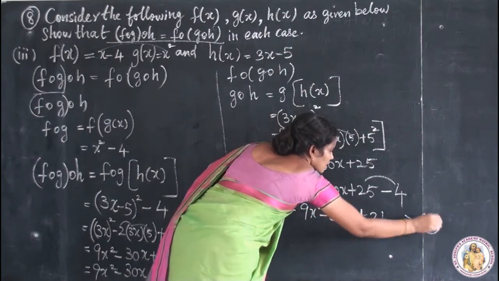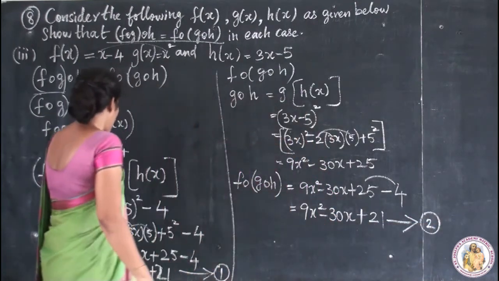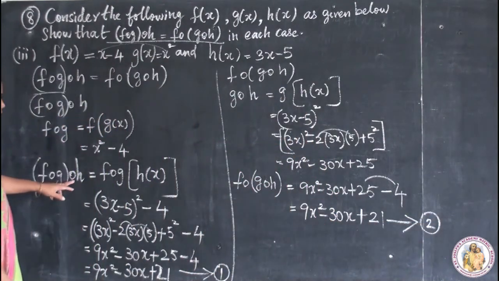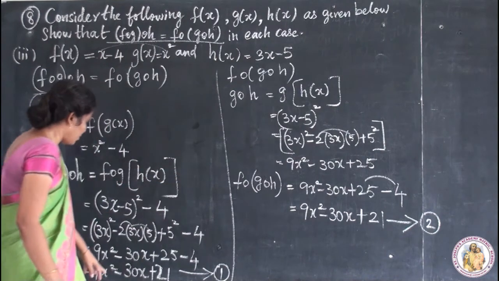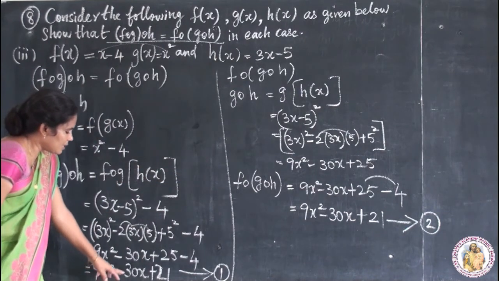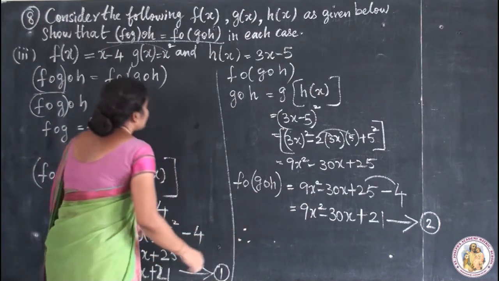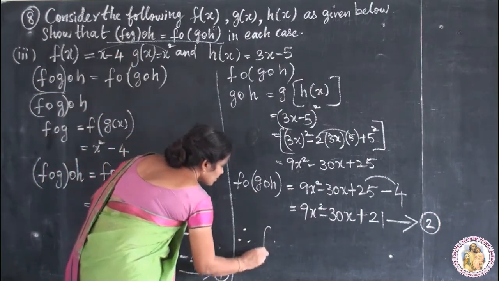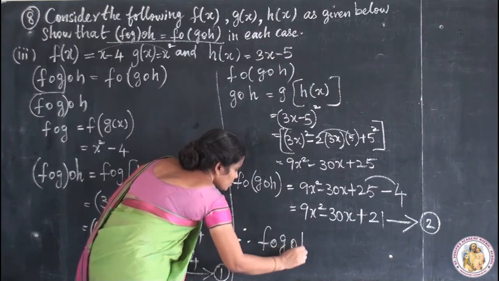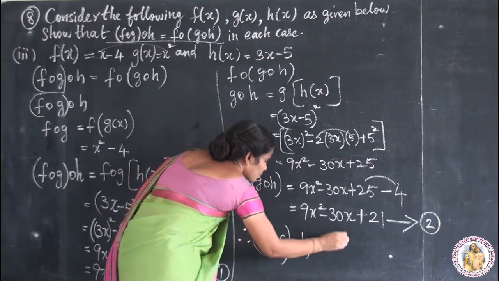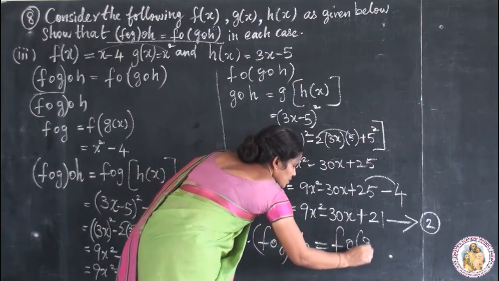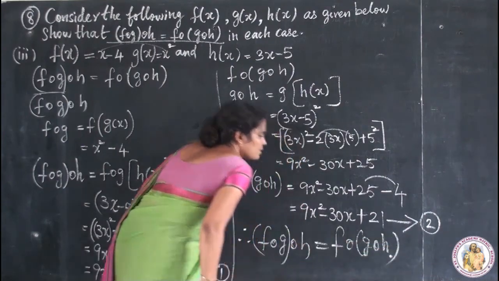Taking this as 2. Check whether f of g of h and f of g of h are equal. 9x square minus 30x plus 21. So therefore f of g of h is equal to f of g of h.